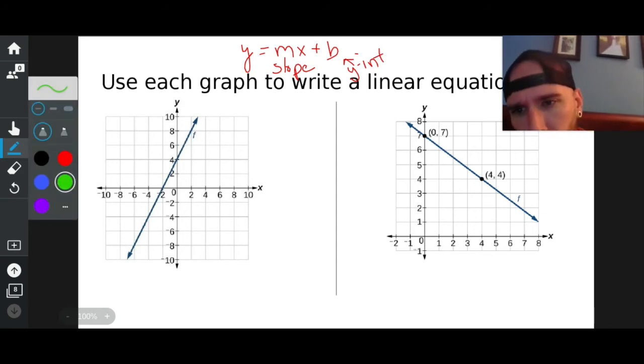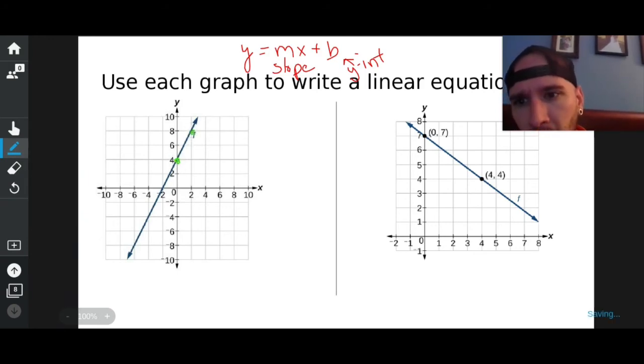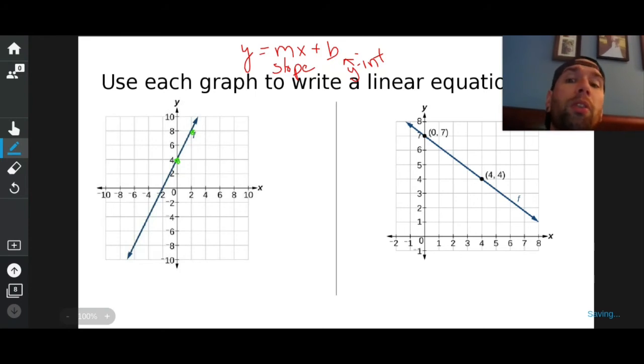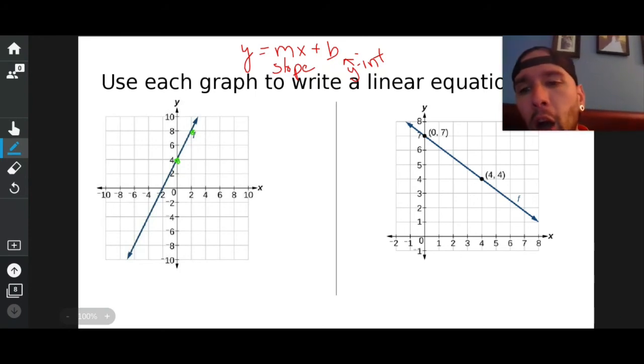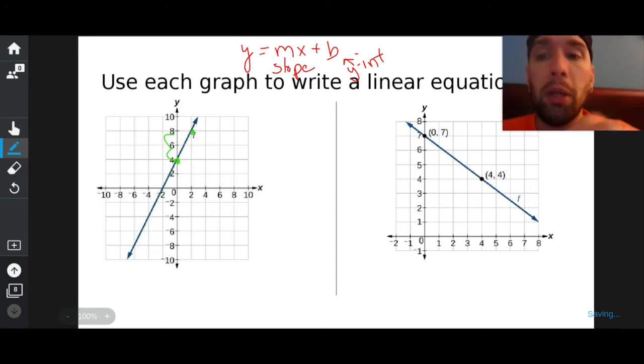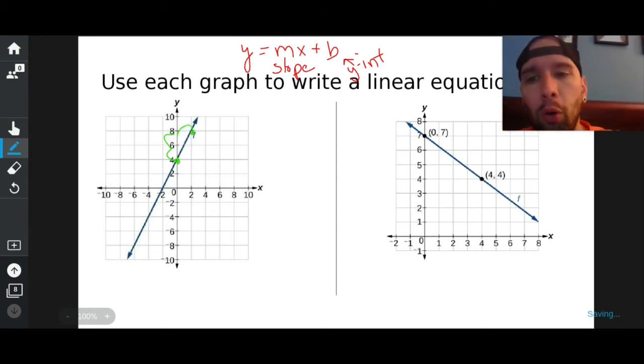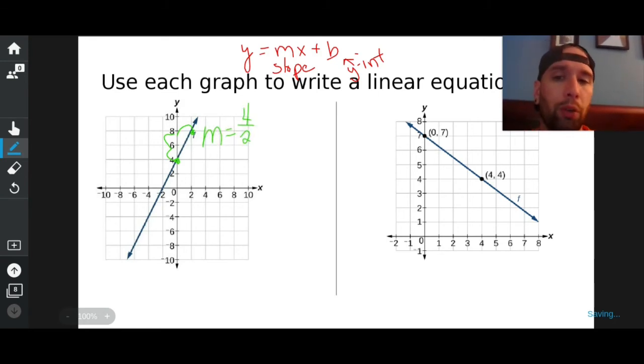The slope for this guy, let's pick 2 points. There's a dot there. There's a dot there. Be very careful with this chart because it looks like I go up 1, 2, but I actually go up 2, 4. Be careful. 2, 4 over 1. So my slope is going to be 4 over, not 1, I'm sorry, 4 over 2, which is 2.